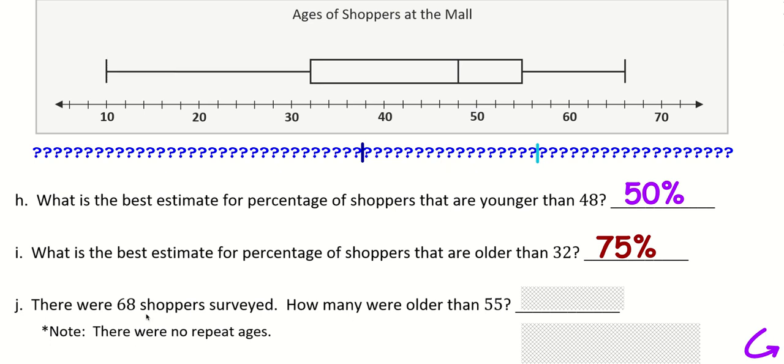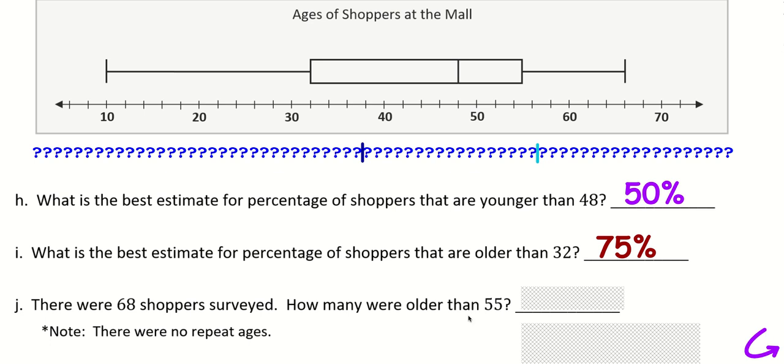This last question, once again, has to tell you that there are 68 total shoppers, because this one's asking how many of them were older than 55. 55 is the upper quartile, so if it had asked for a percentage, you would have said 25%. But they literally want to know how many that is.